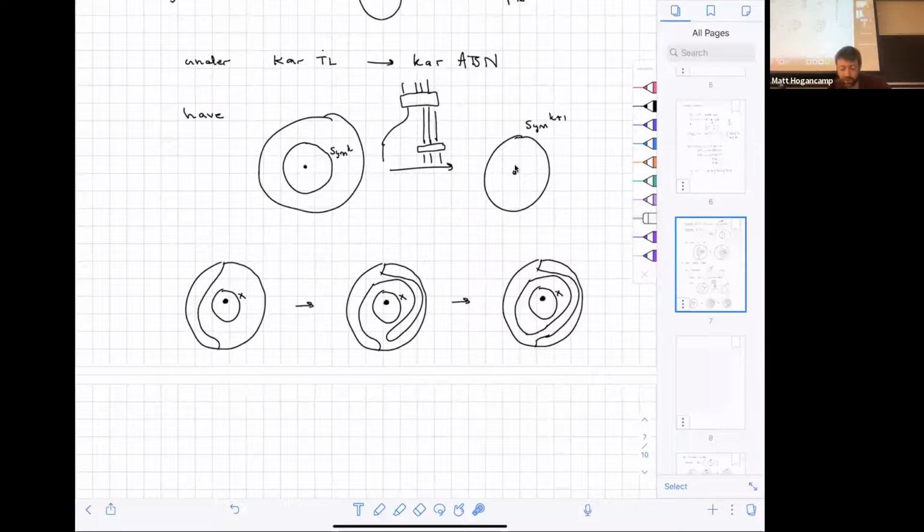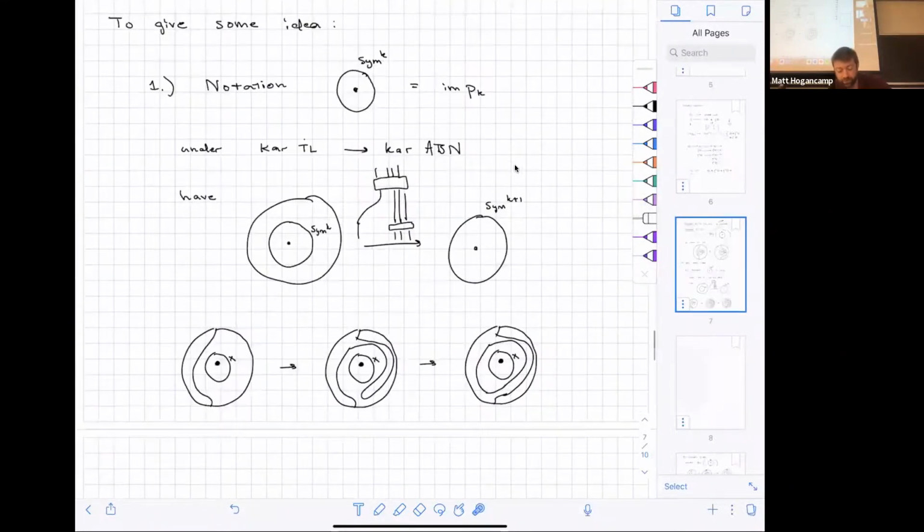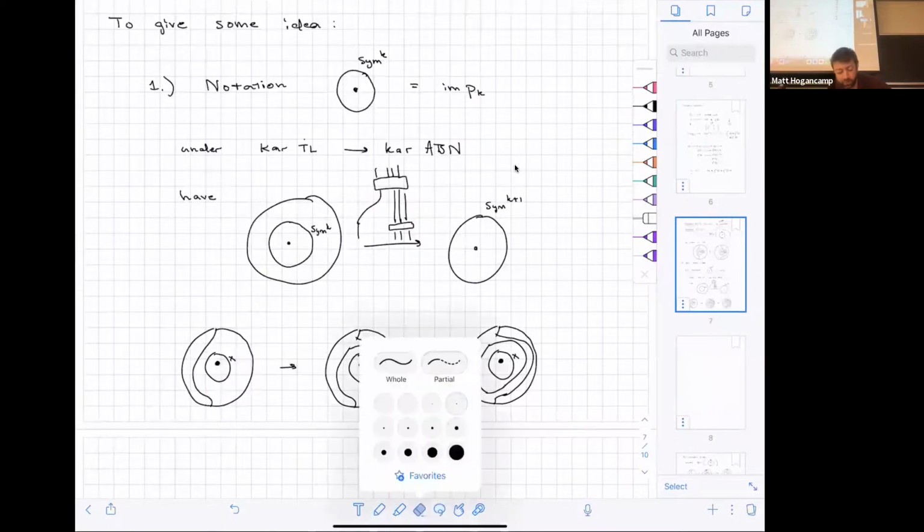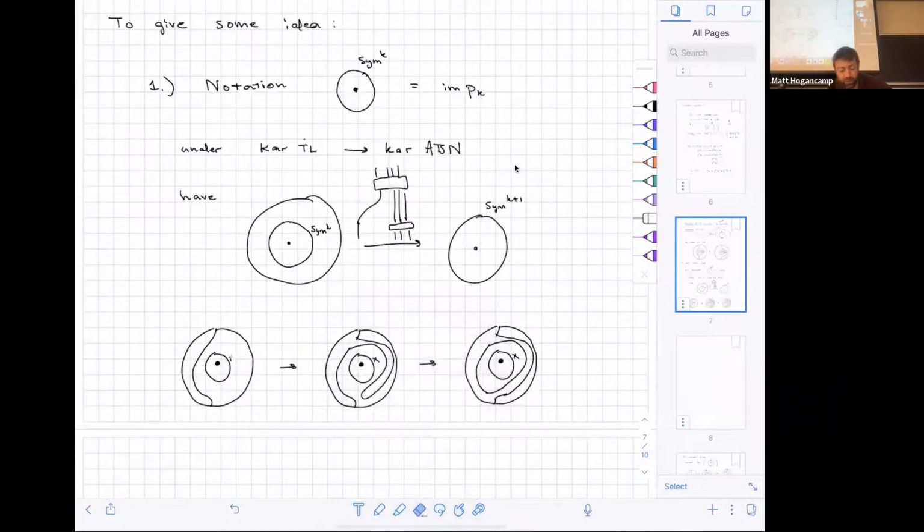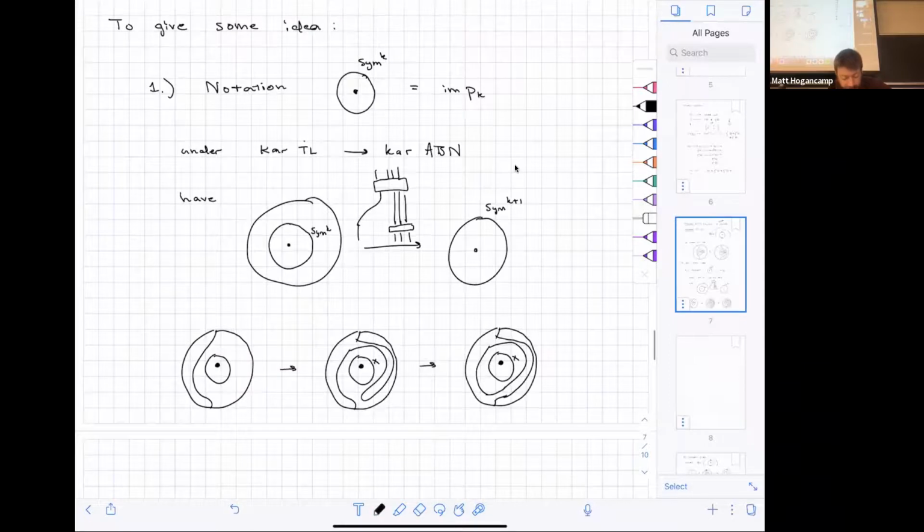And this is basically where the maps involved in the handle slide come from. So if I specialize to the case where around the puncture, I have a little Kirby color.